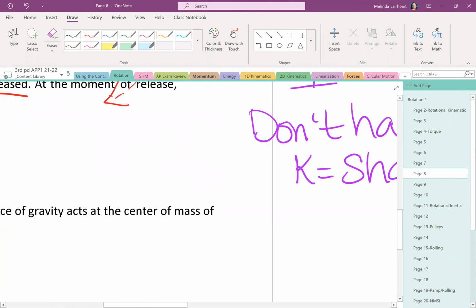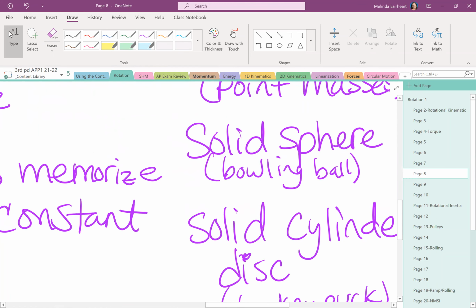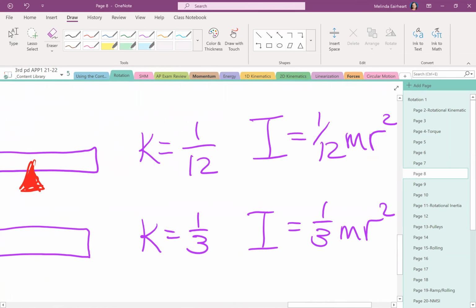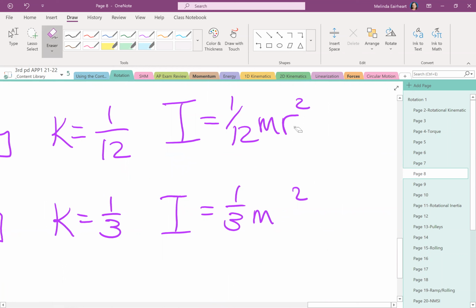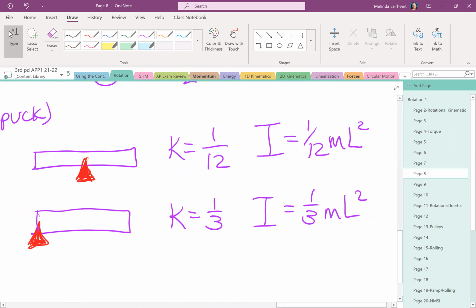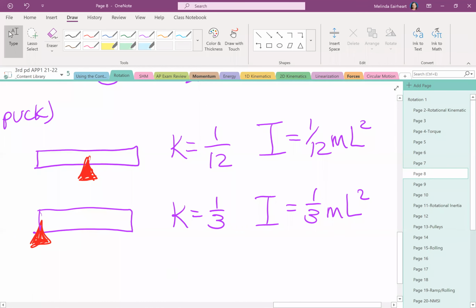With rods, they usually write it in terms of length, so I'm going to make that change because the constant is determined by the full length of the rod. I'm just changing those 2 equations, 1/12 ml squared and 1/3 ml squared. Since our hinge is at one end of this beam, we'll use the 1/3 ml squared.